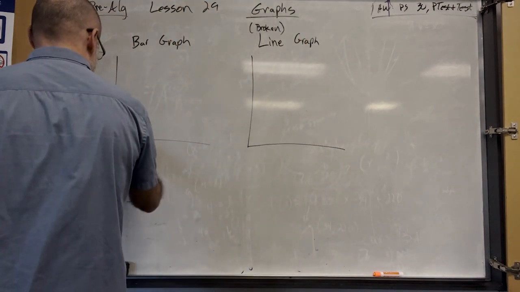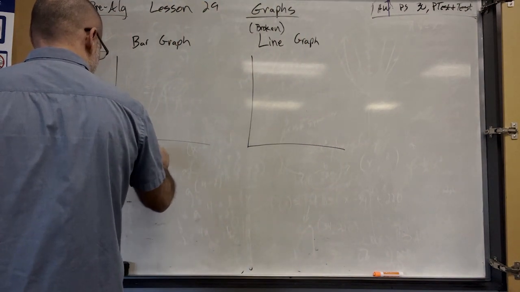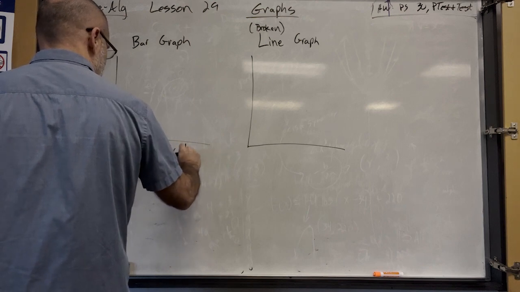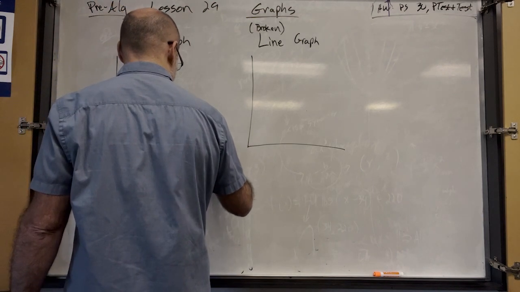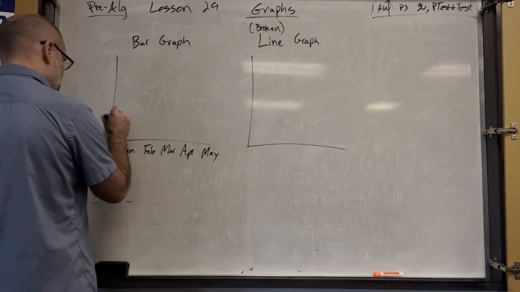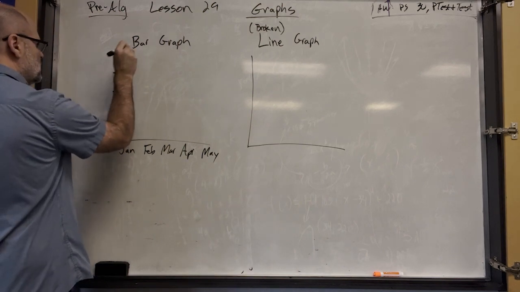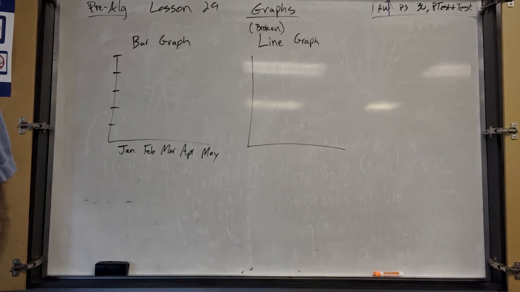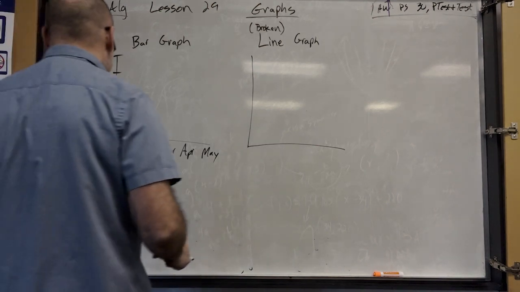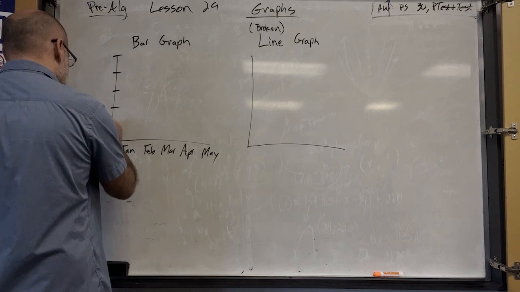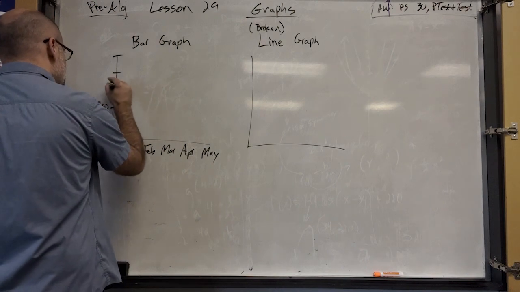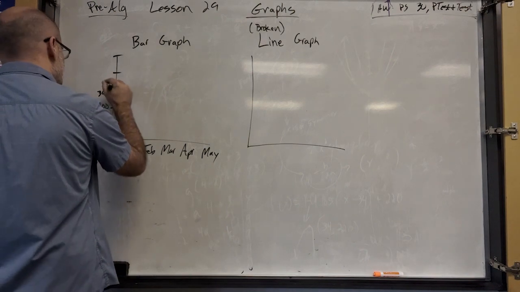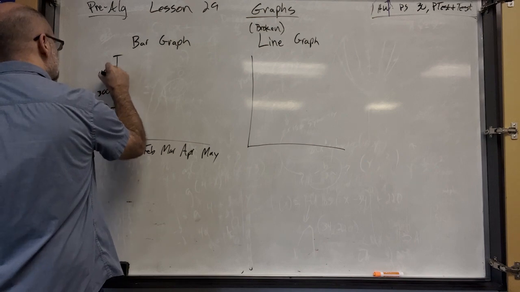So if I had my labels down here, January, February, March, April, May, and then I had some data over on the left here. Let's say this represents a car dealership and how many cars were sold in the months of January through May.